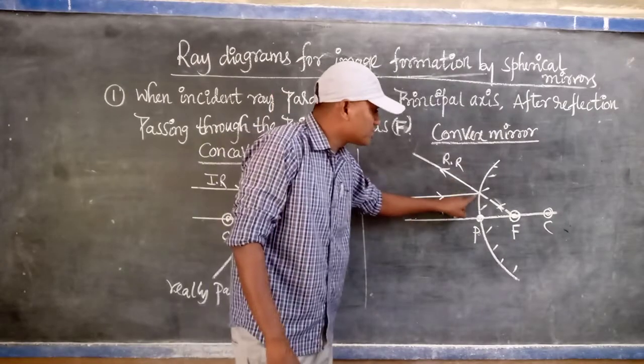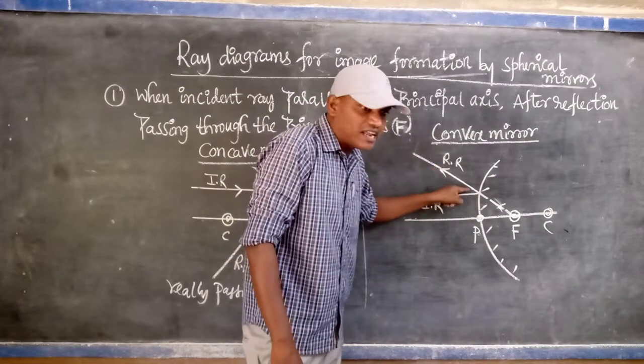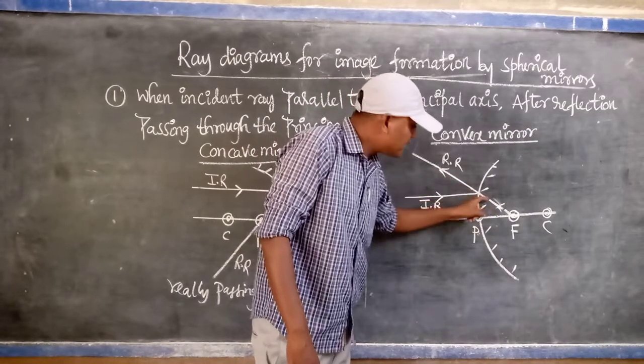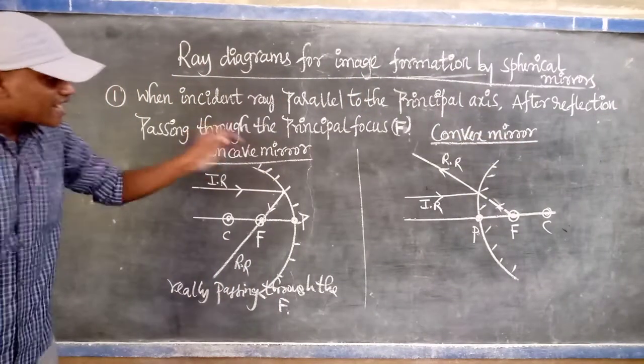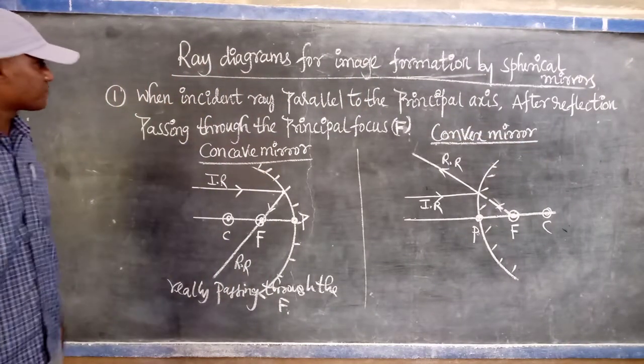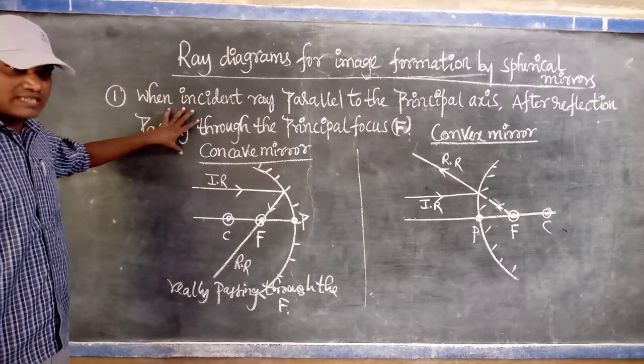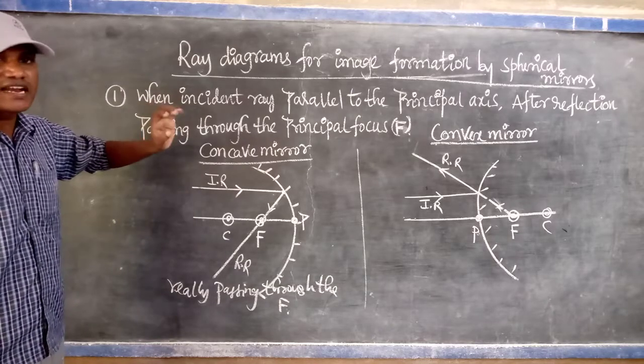After the reflection, if you produce the reflected ray backward, it appears to pass through the focus, or appears to diverge from the focus. Listen very carefully. The concept is the same, but the final answer we can write in a different way.